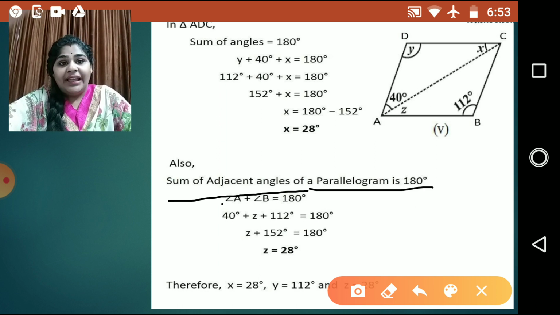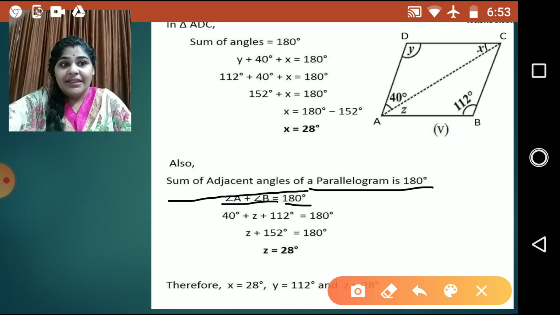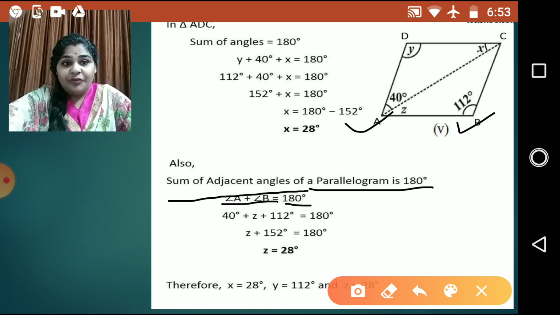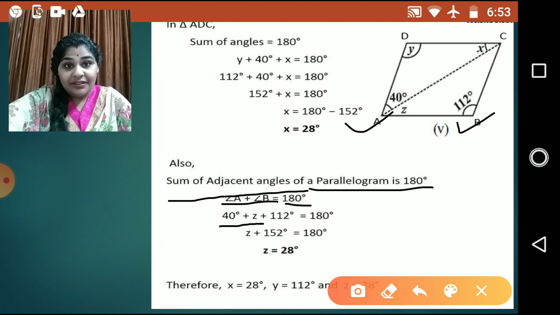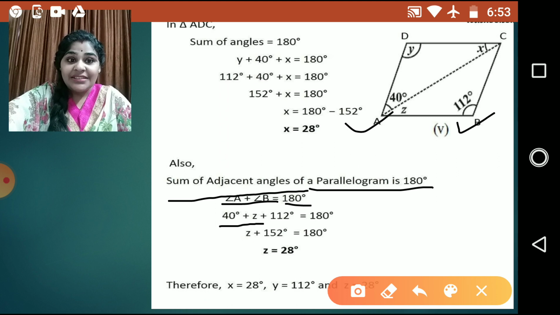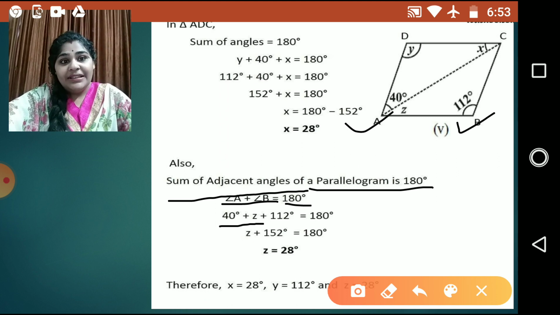So can I write angle A plus angle B is equal to 180 degree? Now angle A I will substitute as 40 degree plus Z. Very important children, angle A is substituted as 40 degree plus Z, right? Plus angle B is 112 degree is equal to 180 degree.